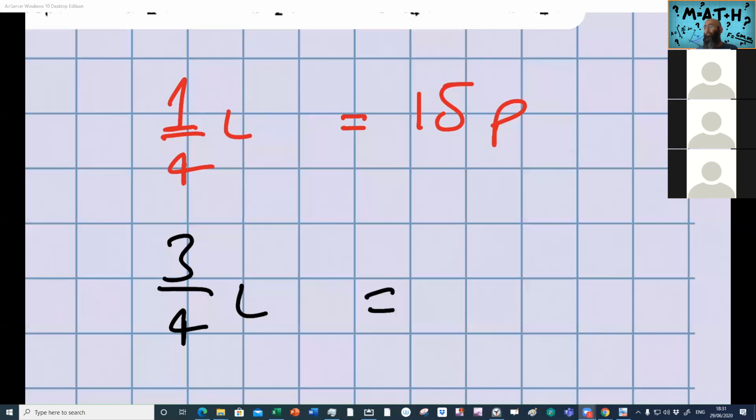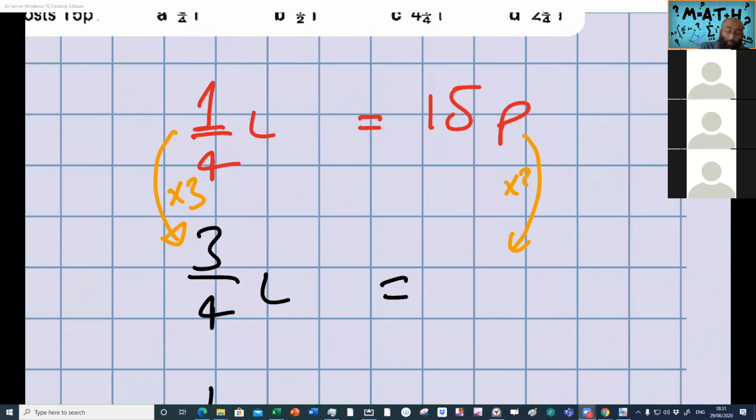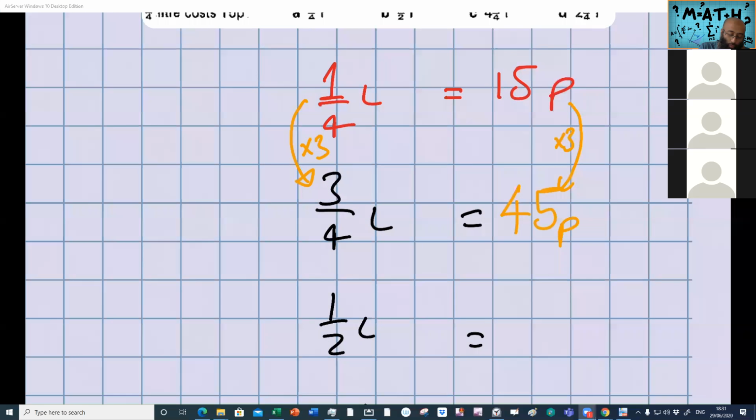Okay, Omeza, come and join with this question, please. So how does a quarter liter become 3/4? You times it by 3. So what you do on one side, you repeat on the other side. 15 times 3 will give us 45p.